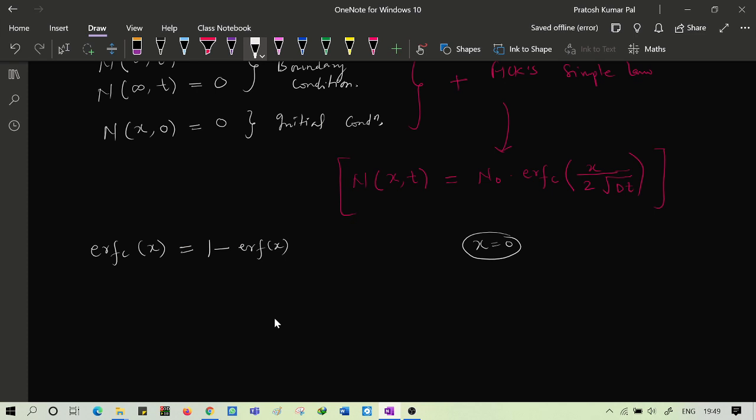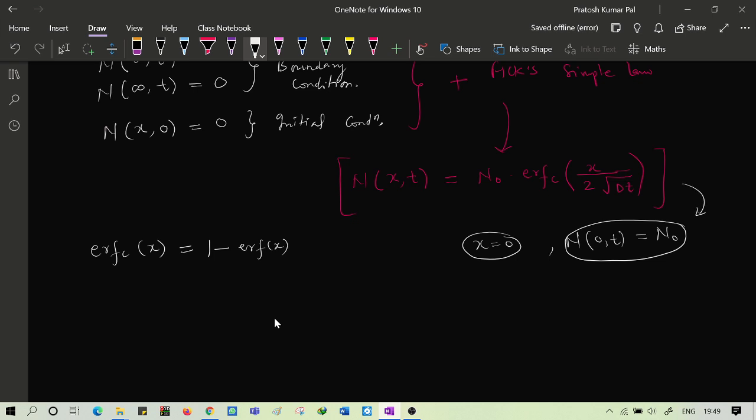So the error function will be equal to 0. So this is 1 minus 0, and the complementary error function will be N into 1 minus 0, so it will be N0. So from this error function equation, this is considered to be N0.